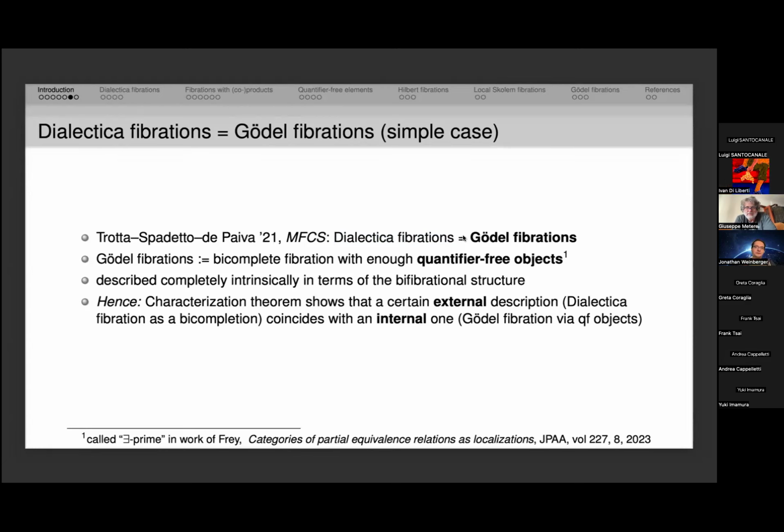But whenever I'm talking about these display categories, you can conveniently also ignore them if it's just about the basic notions. And I should also point out that these quantifier-free objects that have played a role in this preliminary work already, they have also appeared in work by Jonas Frey, where he called them exists prime elements.